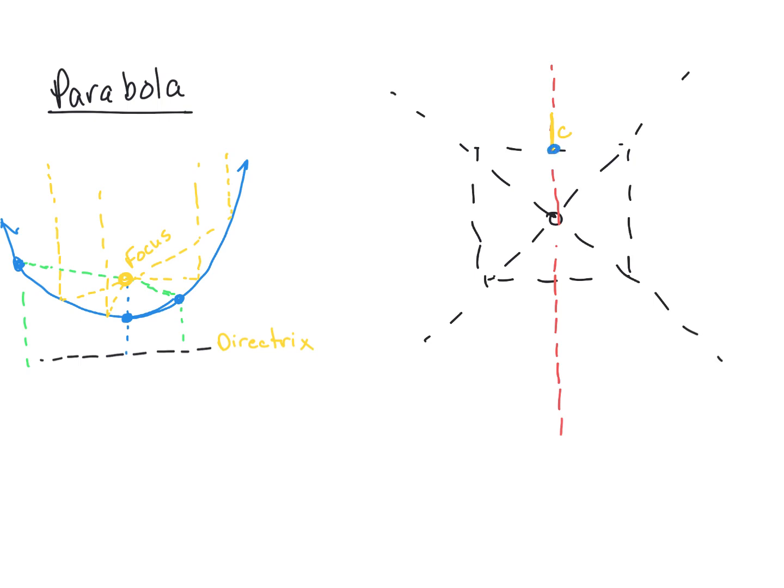There's a vertex right there and a vertex right there, and I'm going to go out C units, and there's my focus, okay? And they'll be equally distant on either end.